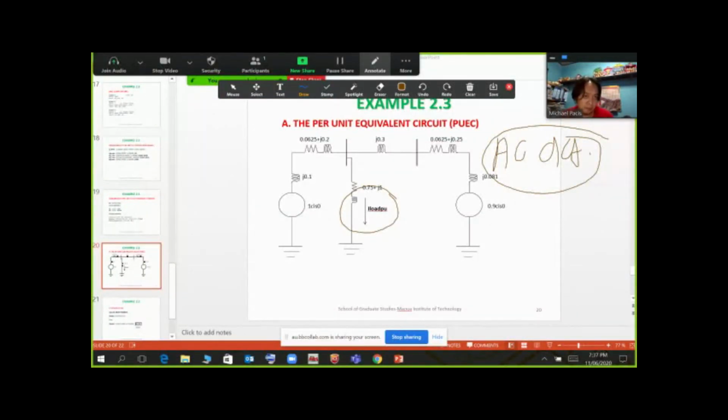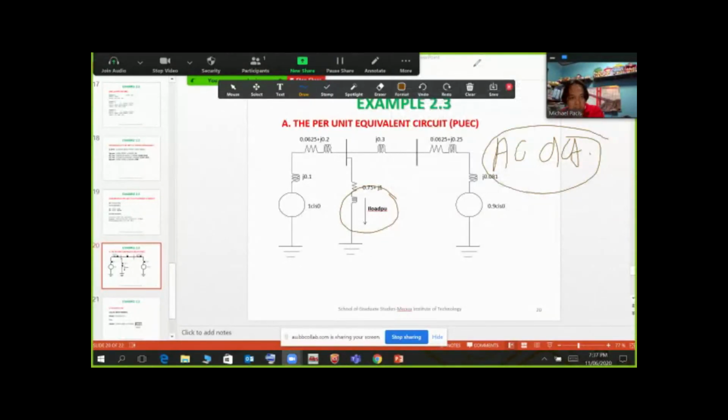There are many ways. You can use nodal analysis, of course. You can also use Millman's, or mesh analysis. There are many techniques, and that is dependent on your technicality or your analysis on circuits.